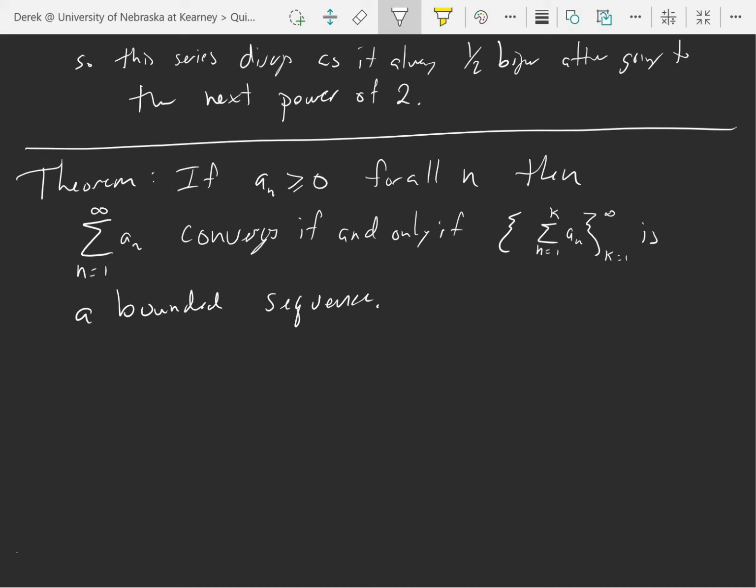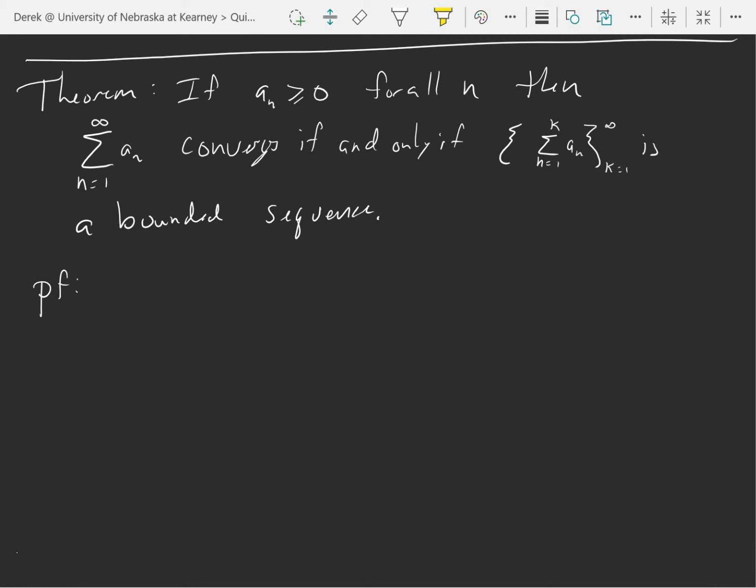Alright, so let's prove this. And I'm going to rely on the fact that we have the monotone convergence theorem. So I had you guys prove that actually, that a monotonic sequence converges if and only if it's bounded, right? That's what we're going to get here.